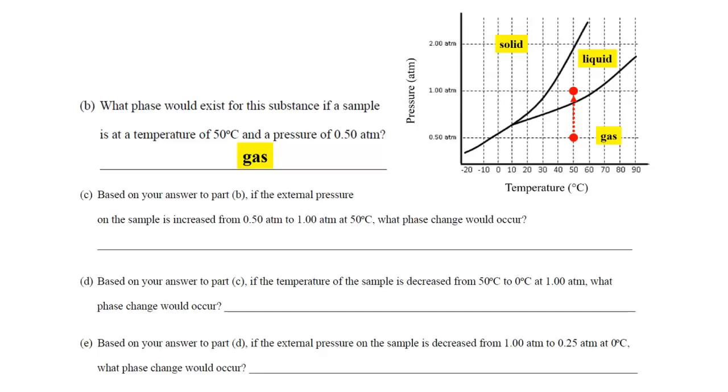You can see I'm showing that on the diagram. I have crossed over from a gas to a liquid by increasing the pressure without changing the temperature. So crossing over from a gas to a liquid, that is known as condensation. So gas to liquid.